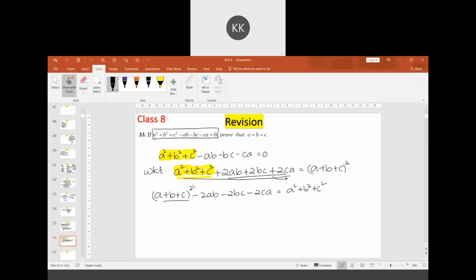No, sir. a square, b square, sir, this minus 2ab in this right side term, sir. No. What I am telling is we are replacing this with this.